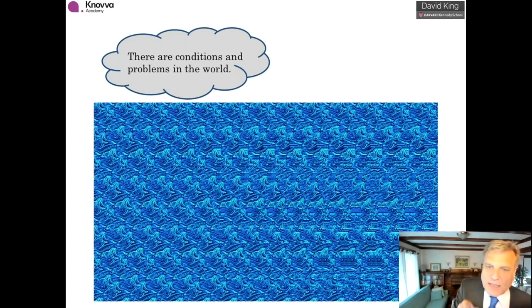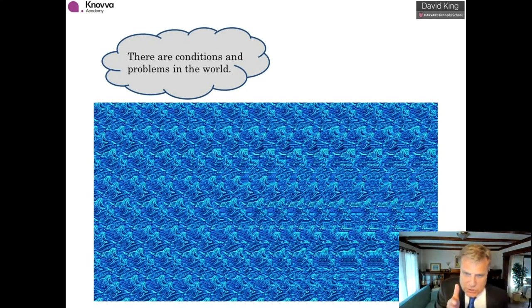That is a magic eye right there, and if you stare into the screen long enough, or you know how to look into a magic eye, you'll be able to see maybe a mermaid, maybe something else. You are surrounded in this world by conditions that 100 years from now, your great-grandchildren will say, oh my goodness, it was such a problem, and they didn't see it. It was right in front of them.